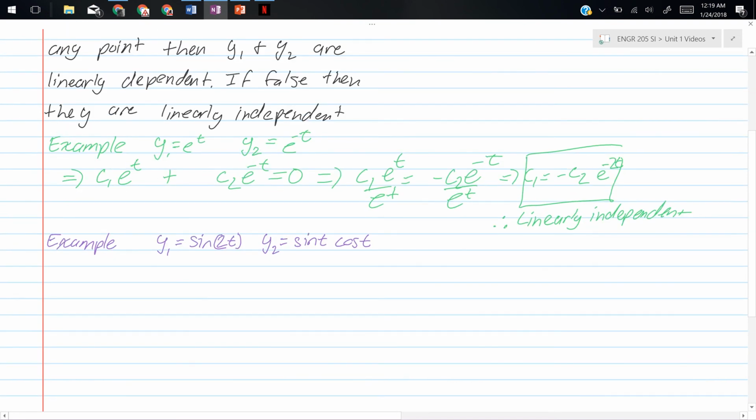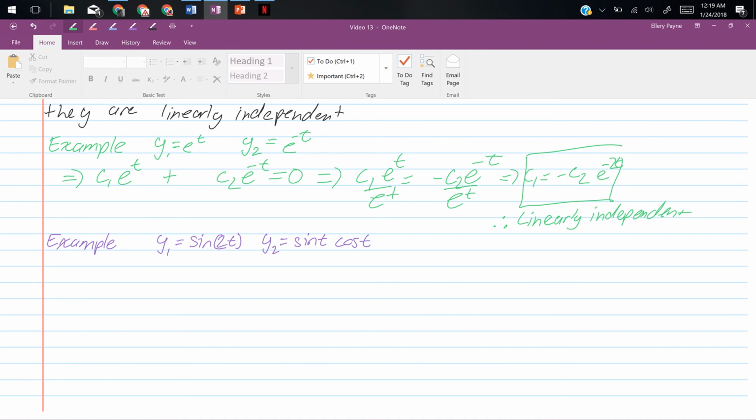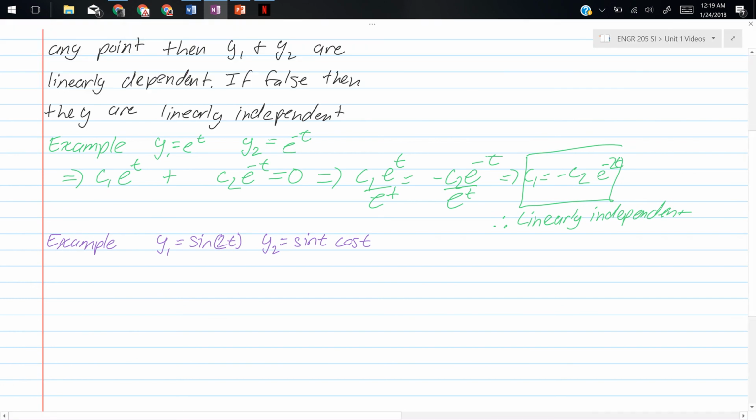All right, now let's move on to the next example. We're going to do the same thing. We start off with c1 y1, which is sine 2t, plus c2 y2, which is sine t cosine t, equals 0.